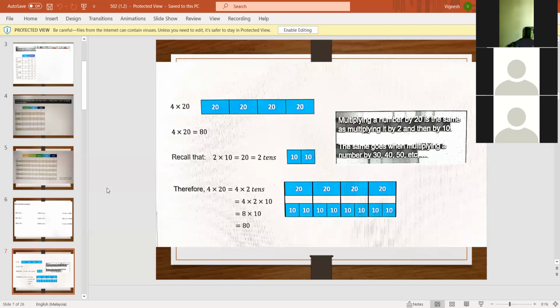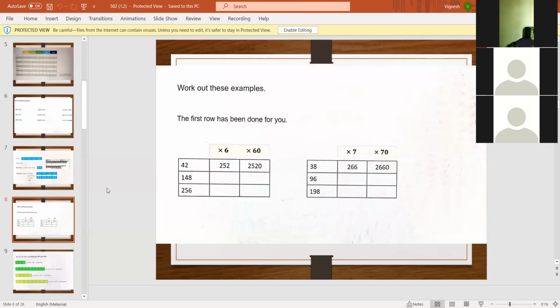Understand? Okay. How to find this one? The first row has been done for you, so you may try the second one. What do we need to do? 42, we multiply it by 6, correct? So you should get 252.